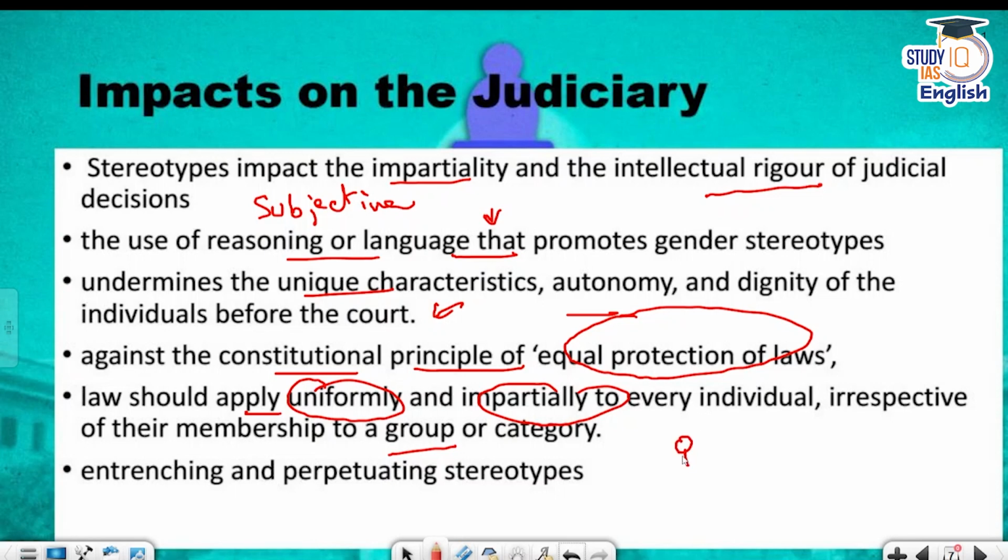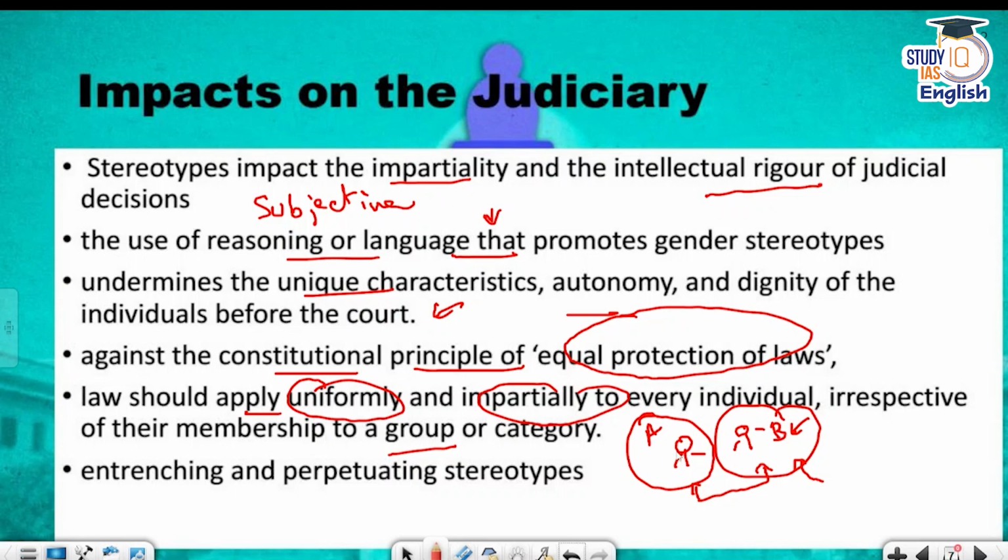Supposedly, there are two people, A and B. A belongs to a low income background and B belongs to a high income background, and they have caused some sort of financial malpractice wherever they are working. Because B belongs to an affluent background, the judges may have a subconscious bias that they do not need to do certain things because they are already affluent.